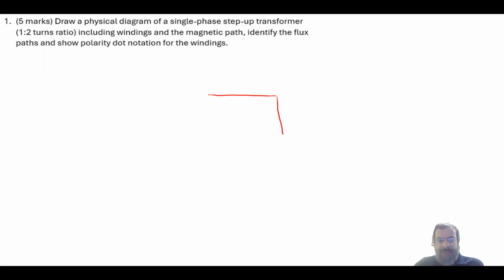Basically, this is a single phase transformer. We have here the core, and then it is a 1 to 2 ratio. So if I use, let's say, 3 turns here, this would be 6 turns here, just to show that you have this correct.